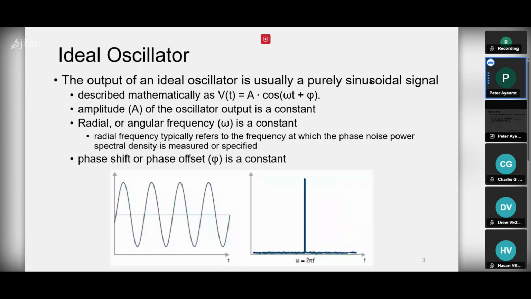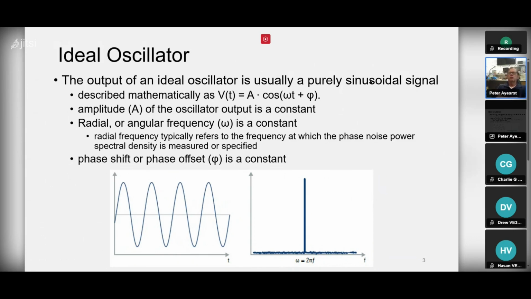So in our ideal oscillator, which is usually a purely sinusoidal signal, they describe it mathematically as what you see on the screen. The amplitude is the A of the oscillator output, and the radial or angular frequency, W, is a constant as well.